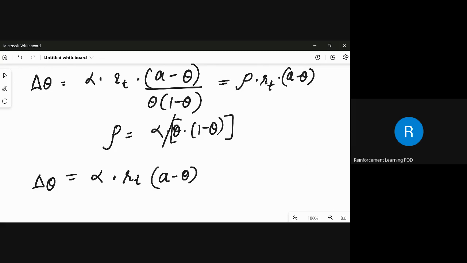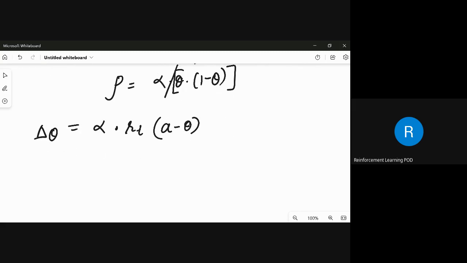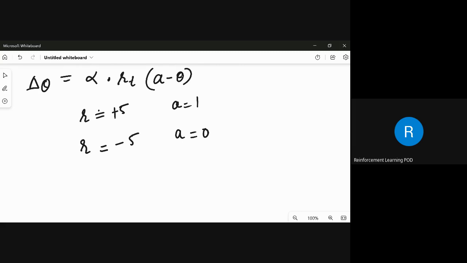Okay. Now, though we have derived this, let's see what happens to theta by some examples. So let's say R is plus 5 and another example is R is minus 5. You take action equal to 1, you take action equal to 0. So basically we have 4 combinations.